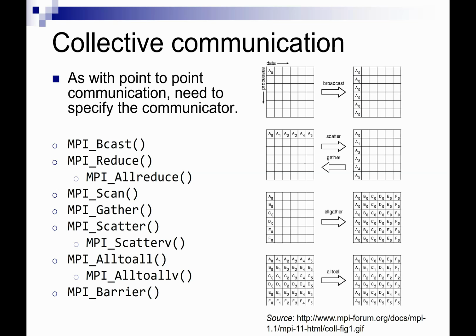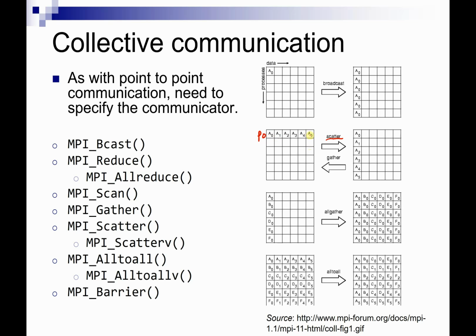Next, the function to look at is the scatter operation. The scatter operation is something similar to a broadcast. The similarity is that, again, you have one process, let's say P0 over here, and that process is sending data to all of the other processes. But the difference is that for scatter, this process has a different piece of data for every other process.